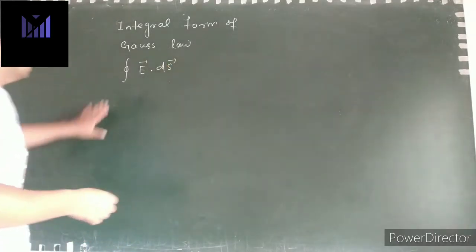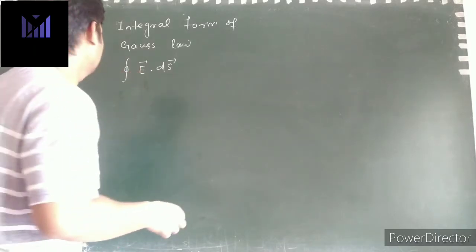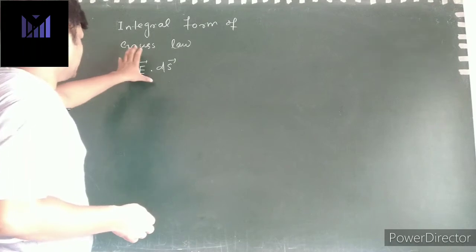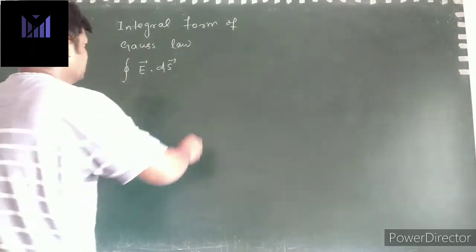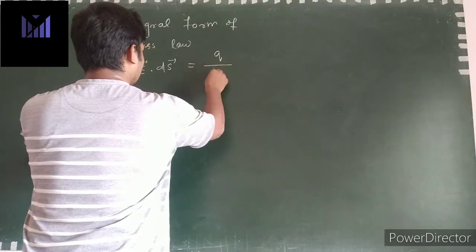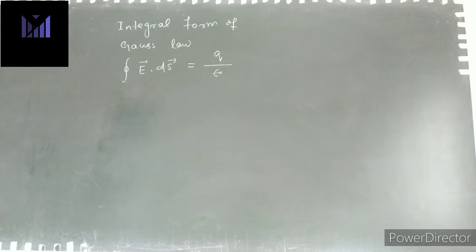This is a surface integration of the electric field along a closed surface. This represents the total flux associated with the closed surface, which is equal to 1 by epsilon naught times the net charge enclosed in that closed surface.